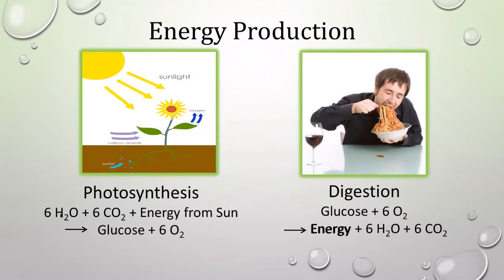The water, carbon dioxide, and energy from the sun give glucose and oxygen, and we take the glucose and oxygen, produce energy in the form that our bodies can use, and produce water and carbon dioxide, which are the beginning parts of this. So it's pretty much a transfer from the energy from the sun to the energy that we can use.